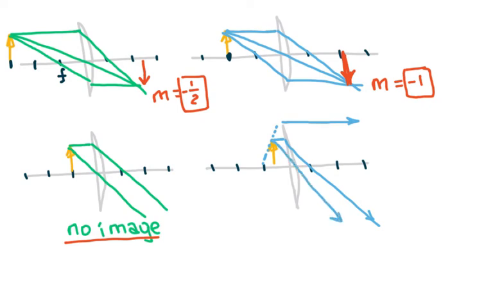So it looks like they don't meet on the other side, they scatter on the other side. But on the left side, you will see a virtual image. So here you would have a virtual image. And again, virtual images are upright, they are not inverted. And they appear not where the rays actually meet, because the rays on the other side of the lens don't meet. So this is a virtual image.